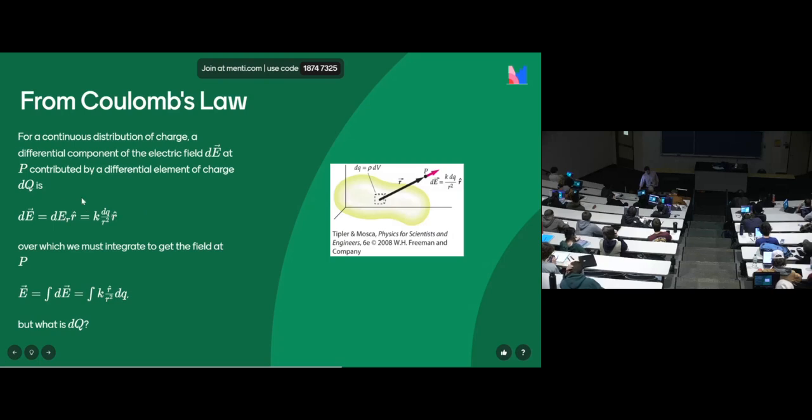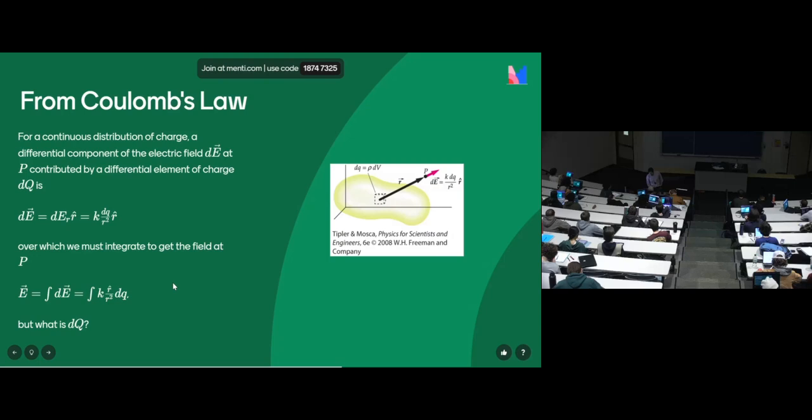So you can write it in your notes: everywhere you see a dq with a little q, it should just be a big Q. So the differential amount of electric field is k times dQ over r squared times r hat.